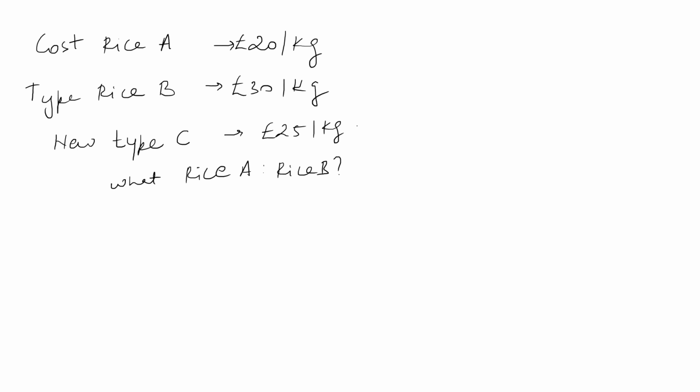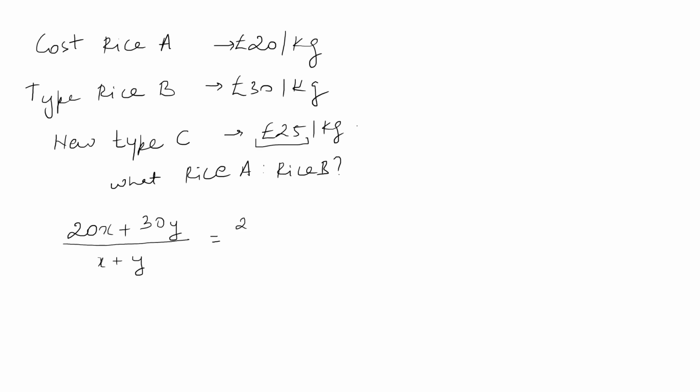Now, I'll show you the traditional method. So let's say I have 20 per kg, and how many kgs you're going to mix, I don't know. So let's call that X, plus, how many kgs of rice B I'll be adding, I don't know, so let's call that Y. So this much total cost would be there, divided by the total amount of kg, which is X plus Y, and the desired output that you require is 25.